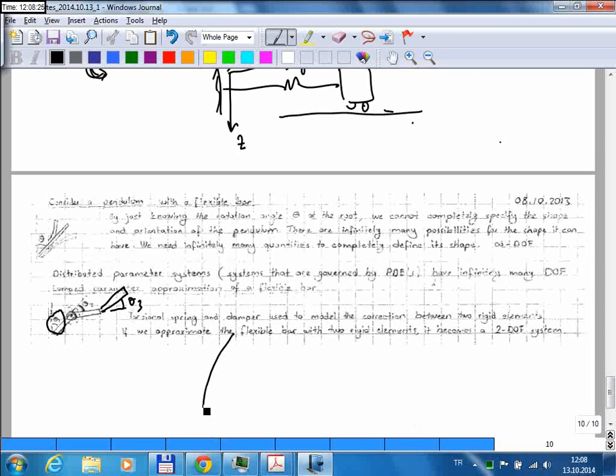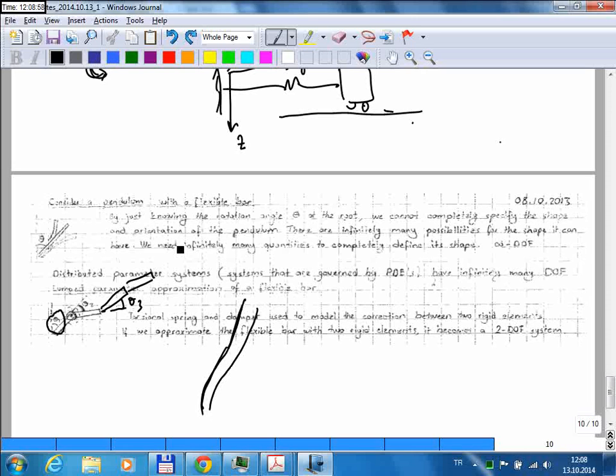So this is how a flexible bar can be deformed in the first mode. You can also see things like this. So you can see the second mode. So you have this higher order shape. And as you add more elements to this system, every time you add an element, you make it closer to the real flexible system.